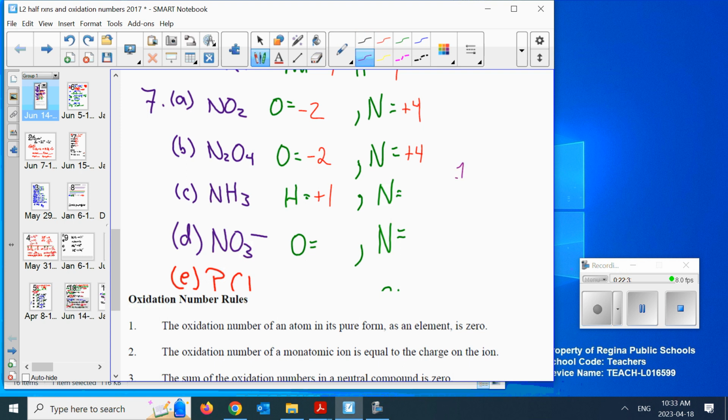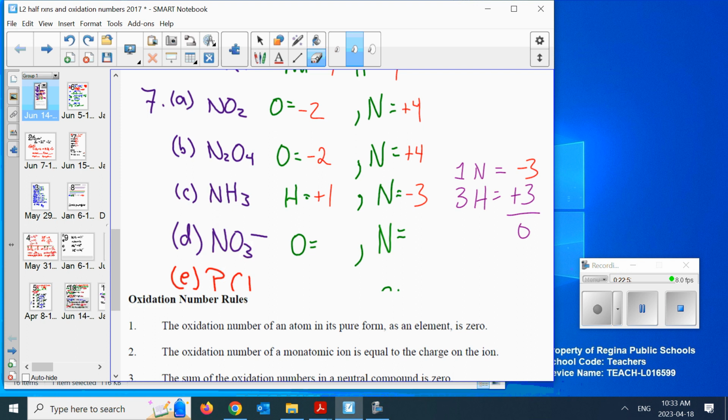I've got 1 group of nitrogen and 3 groups of hydrogen. 3 groups of plus 1 adds up to plus 3, and the compound adds up to 0, so the nitrogen in this case has to be negative 3.